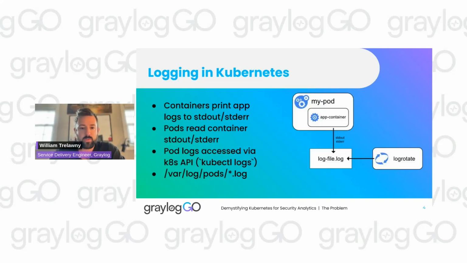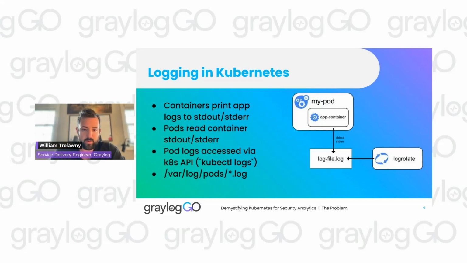So the application containers print the logs to standard out and standard error. Pods read the container logs. Logs are accessible through the kubectl logs command, but the operand there is kubectl logs and then the pod name, not the container name.